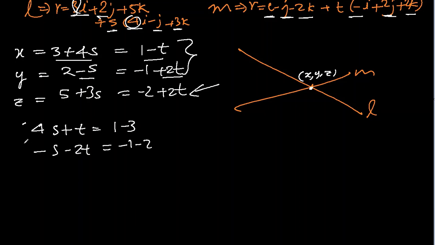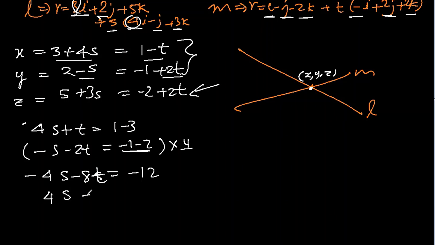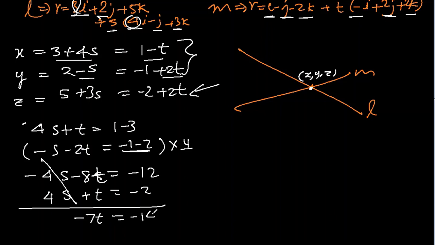Let me multiply the second equation by 4 so that I can eliminate s as compared to the first equation. So it will become minus 4s minus 8t equal to minus 3 times 4, minus 12. And the first equation was 4s plus t equal to minus 2. We can cancel this. This becomes minus 7t, this becomes minus 14. So that gives us t equal to minus 14 over minus 7, which is plus 2.